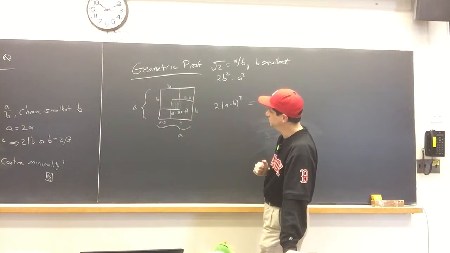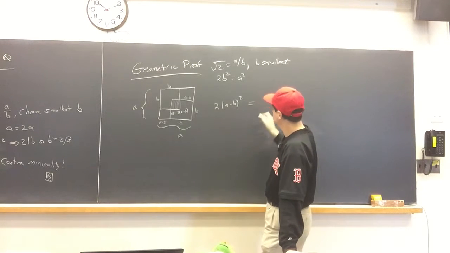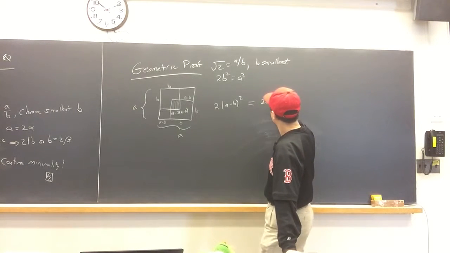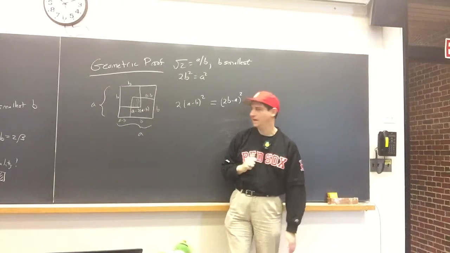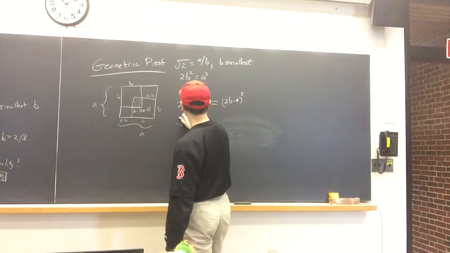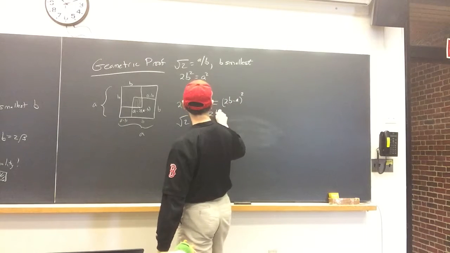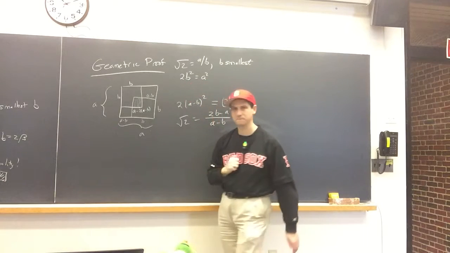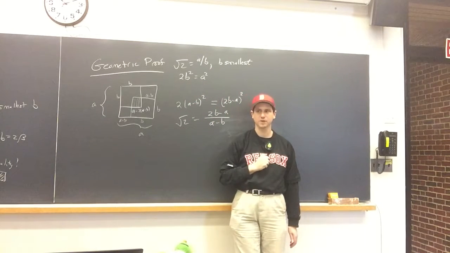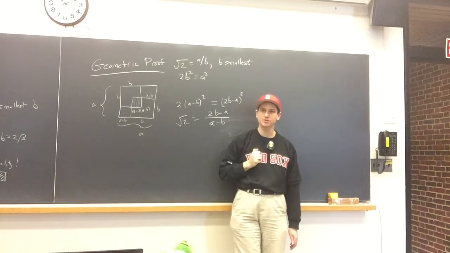So I think it's 2b minus a. And now we've shown that the square root of 2 is 2b minus a over a minus b. We now have another way of writing the square root of 2 as a ratio of two integers.